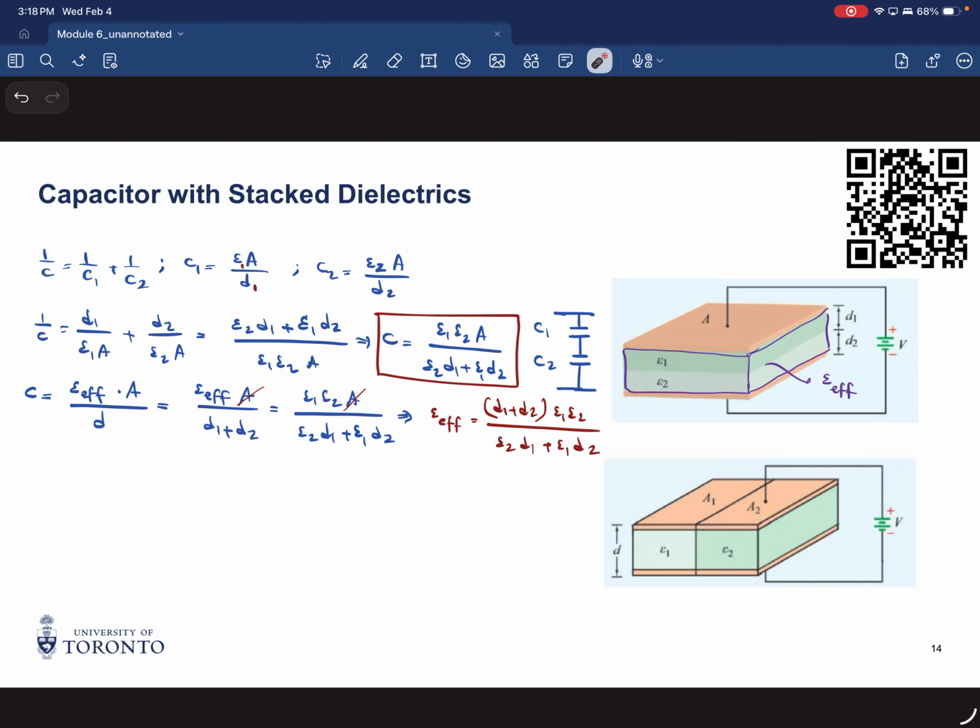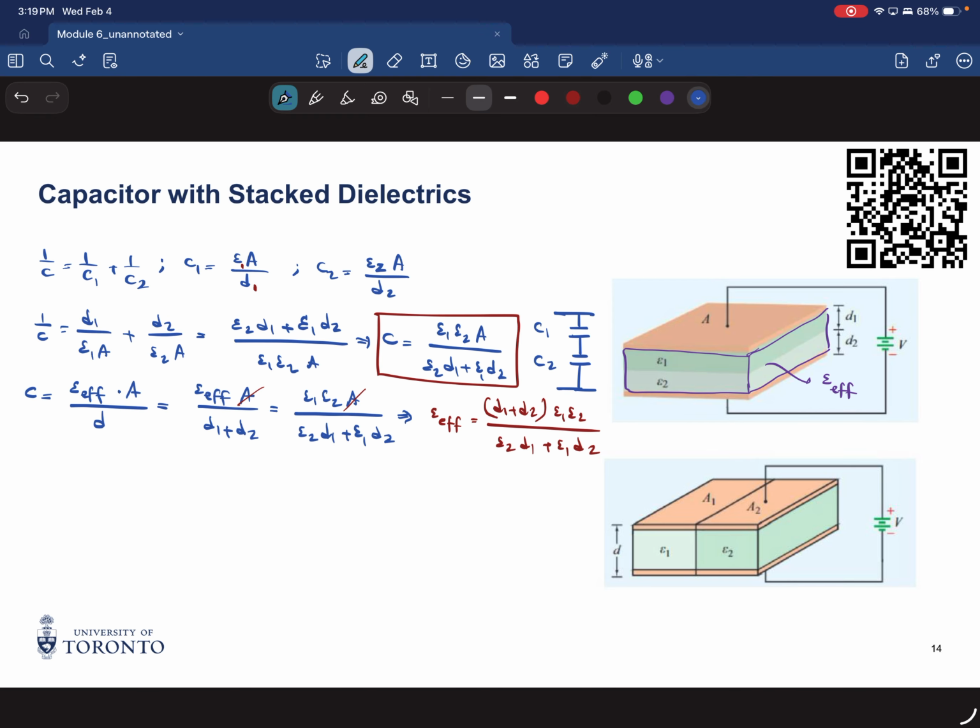If I had only a slab of dielectric, then the capacitance of that parallel plate capacitor would be epsilon A over D. That's always true, with epsilon of the full slab. So I'm not writing it as a function of epsilon 1 and epsilon 2 at first, but later, because I found it in terms of epsilon 1 and epsilon 2, I'm relating the two, because these two should be the same. They're equivalent.